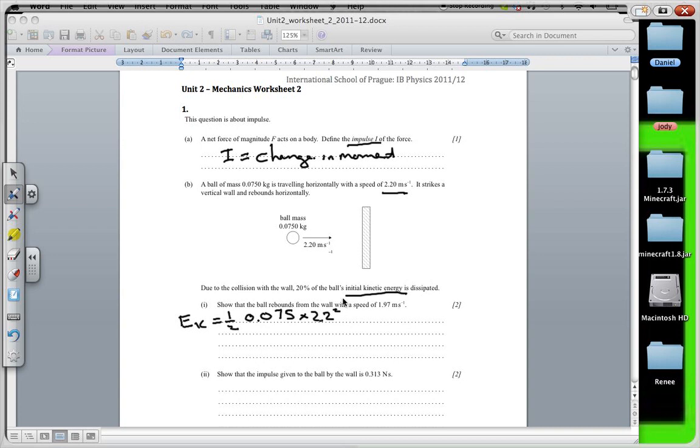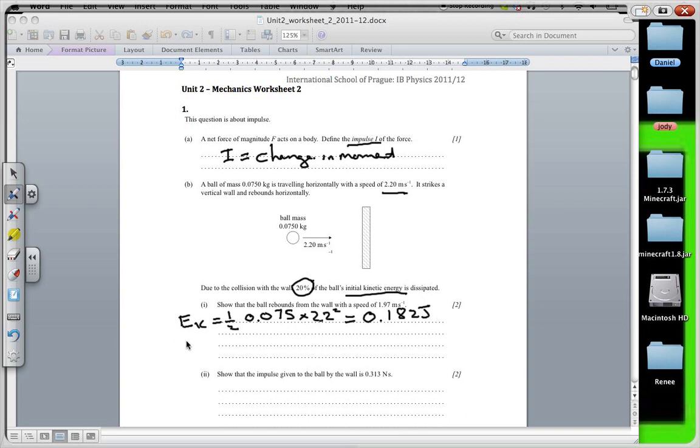It's 0.5 times 0.075 times 2.2 squared, and we get 0.182 joules.